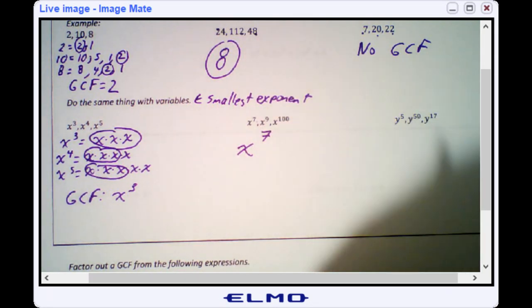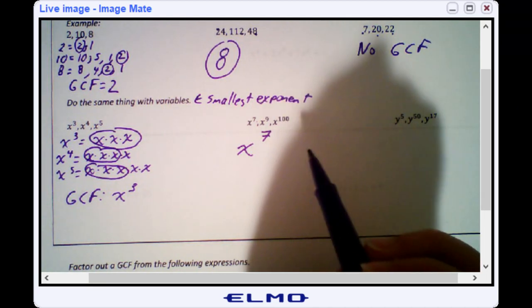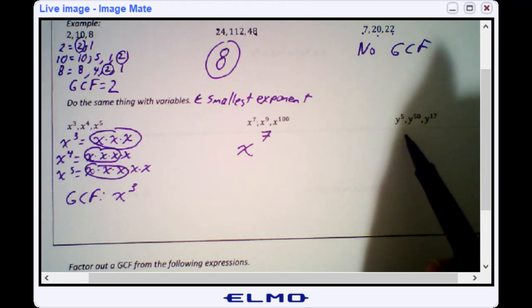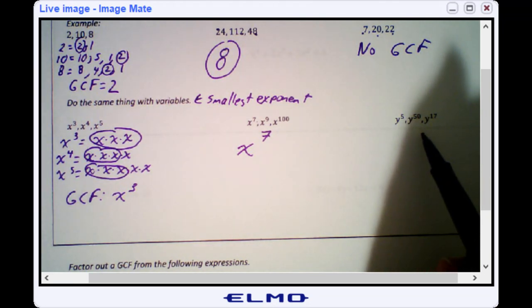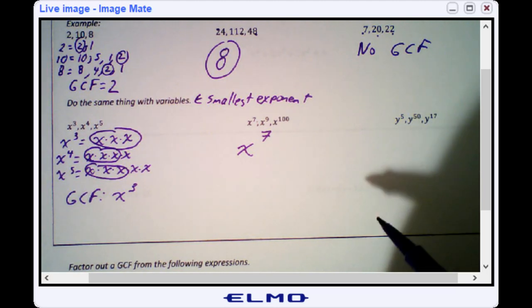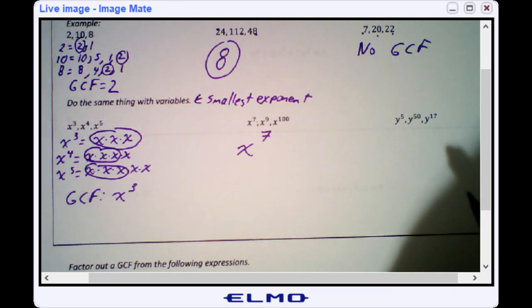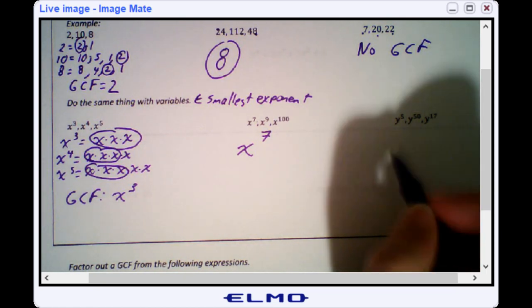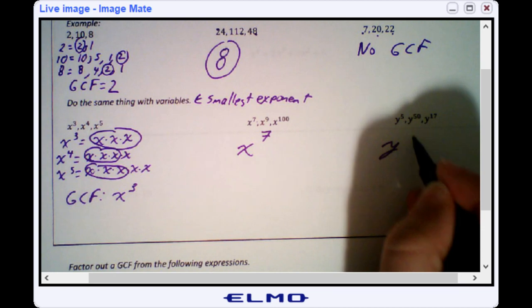I can take 7 x's out of each of those terms. The last one, it's y to the 5th, y to the 50th, y to the 17th. They're all y's. The smallest exponent is a 5, so that means I can take 5 y's out of each term. So that's going to be my GCF.